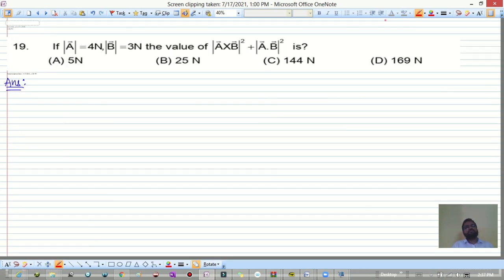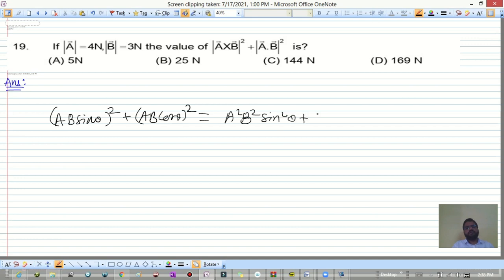Next question. It is given that the magnitude of A bar is 4 Newton and the magnitude of B bar is 3 Newton. Find the value of the magnitude of A bar cross B bar squared plus the magnitude of A bar dot B bar squared. So A bar cross B bar is AB sin theta, whole squared, plus AB cos theta, whole squared, which is equal to A squared B squared sin squared theta plus A squared B squared cos squared theta.